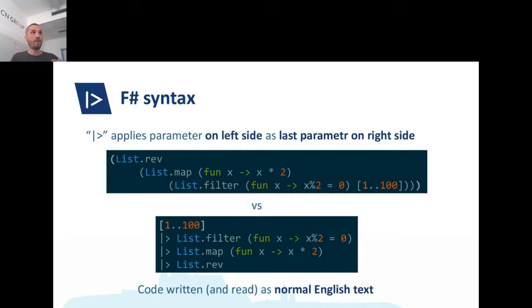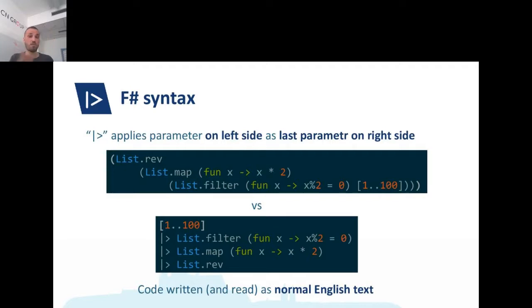If you are following what's happening in JavaScript, I think there's also an RFC for adding a pipe operator into JavaScript, because this is pretty cool. When you write normal code and you want to do something, then pass the result to another part of code, and pass that result on again, you can see here the exact same function: a list from 1 to 100, filtering only the even ones, then doubling the values and reversing the list.